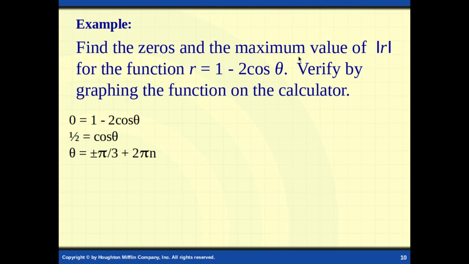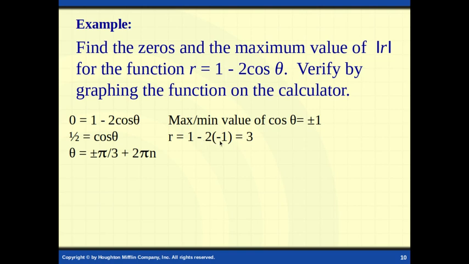To find the maximum value, we want to think about the maximum and minimum values of cosine of theta. Remember when we graphed cosine graphs, we saw that the amplitude was 1. So the biggest cosine of theta can be is 1, and the smallest value is negative 1. If we replace cosine of theta with 1 and negative 1, that should give us the biggest values possible for r.